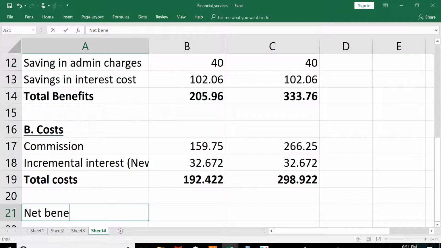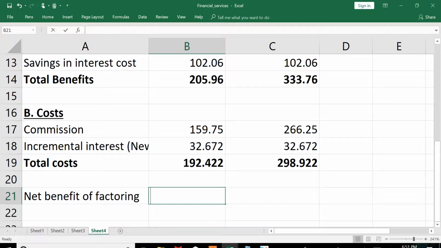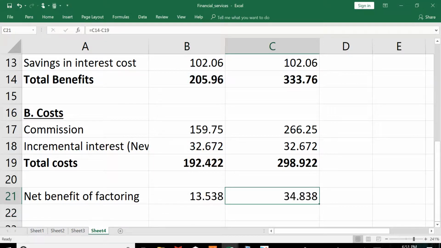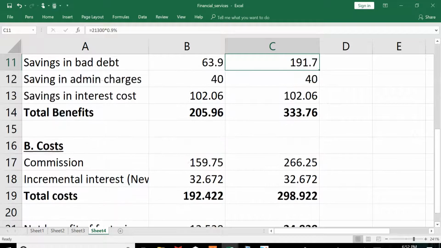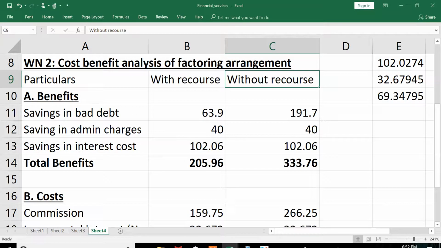Net benefit of factoring. I'll go ahead with the without recourse factoring. That gives me the extra benefit.